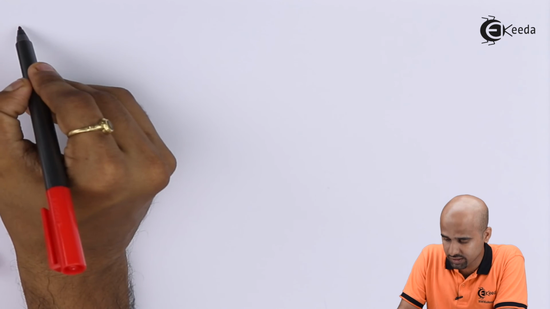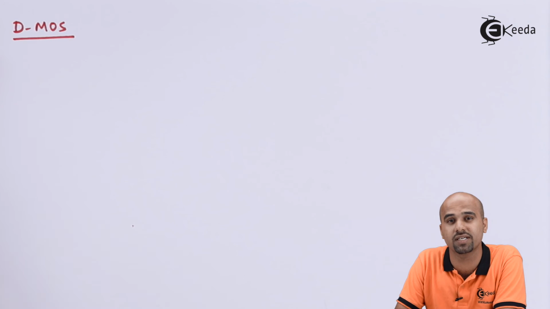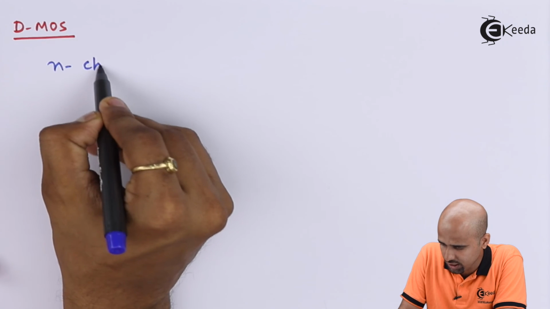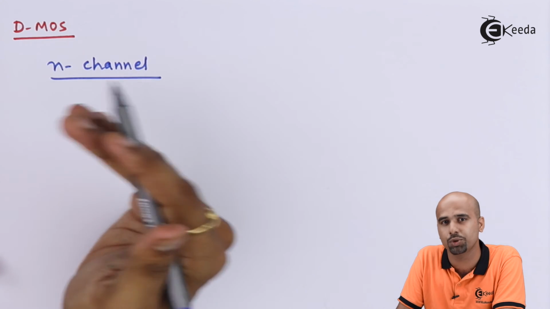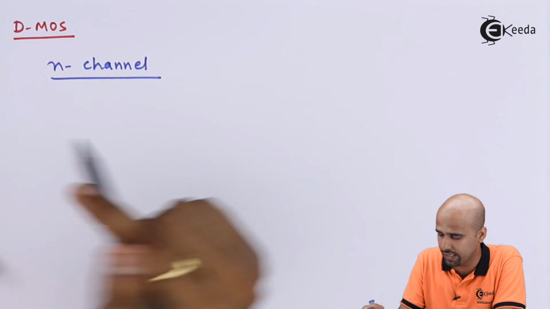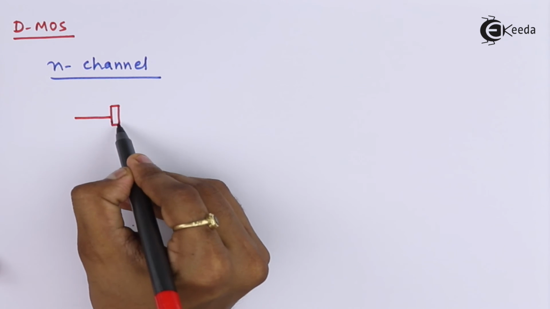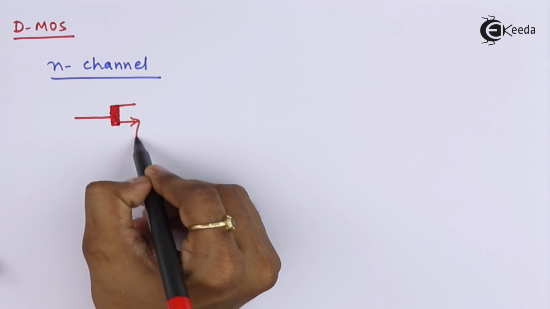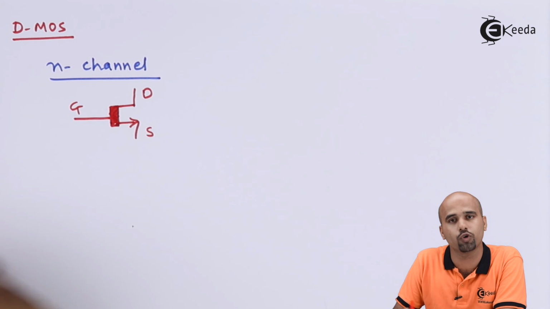Then for D MOSFET, the symbolic representation is something different. Let's learn for only N channel, P channel is exactly simple. You can do that on your own as well. This is the representation for N channel.